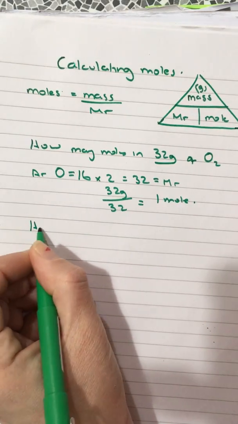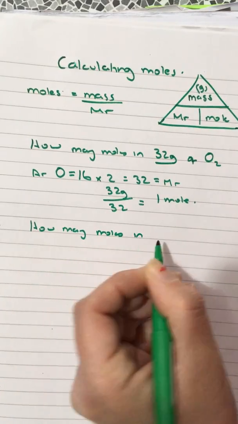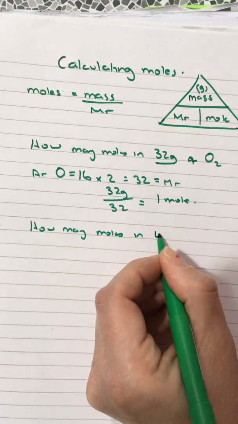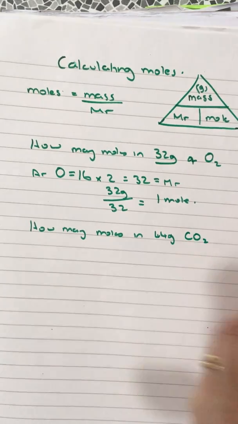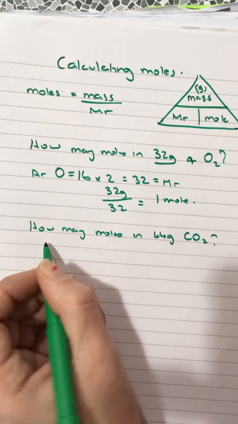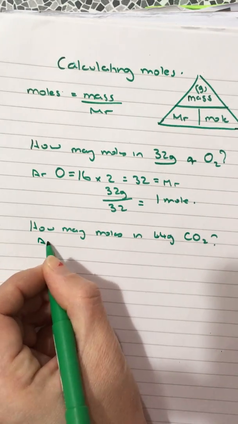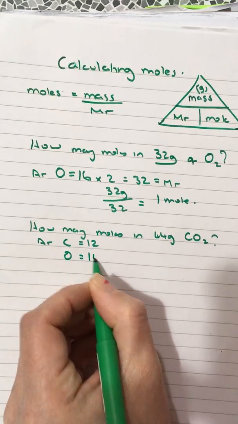If we do another example, how many moles in 44 grams of CO2, of carbon dioxide? So again, you need to work out the Mr. The atomic mass of carbon is 12, and again, oxygen is 16.